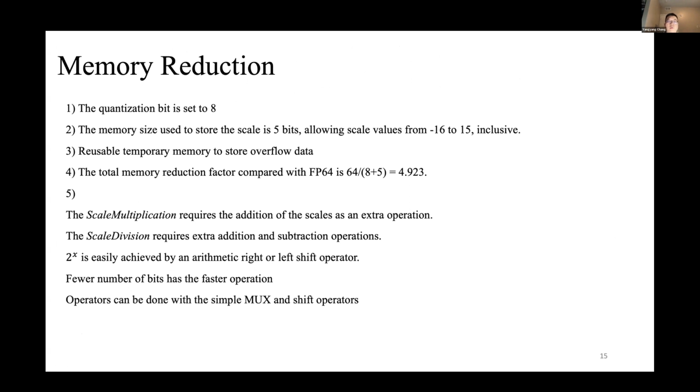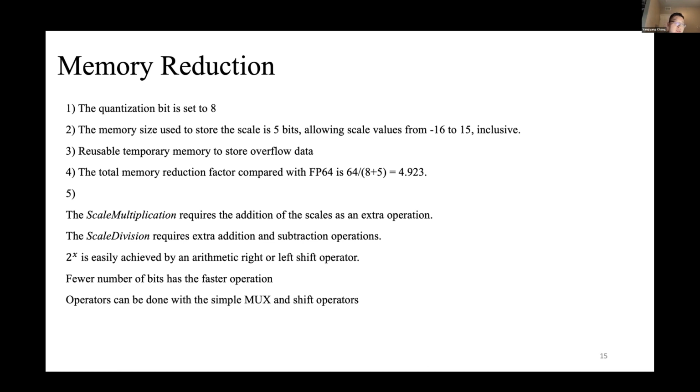Okay, so once we have all of this, we definitely need to show how much memory reduction we make. The first is that our quantization bit is 8, and the memory size for the stored scale is 5 bits. In other words, the scale value is from -16 to 15. It's a very large value, because 2 to the 15 is already over many.